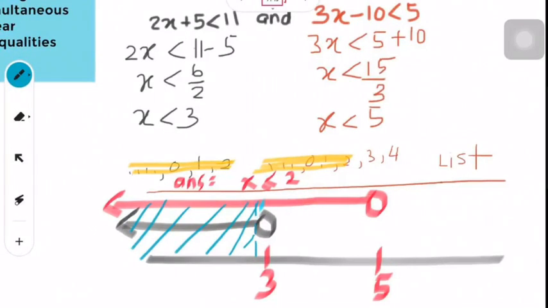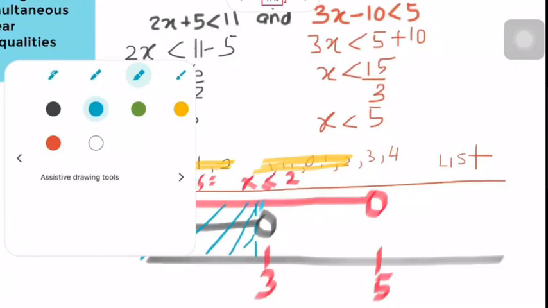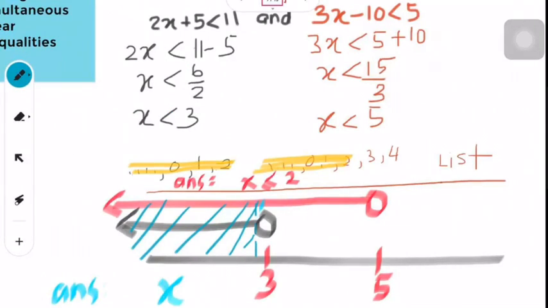But based on the number line, we can write the answer: x is less than 3. If x is less than 3, is 3 included? No. Based on the number line, you take this as the boundary of the overlapping region.